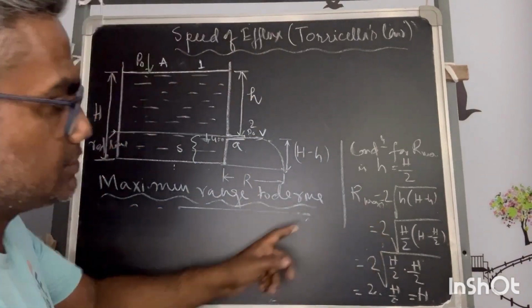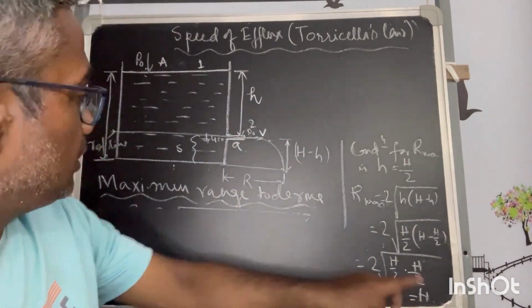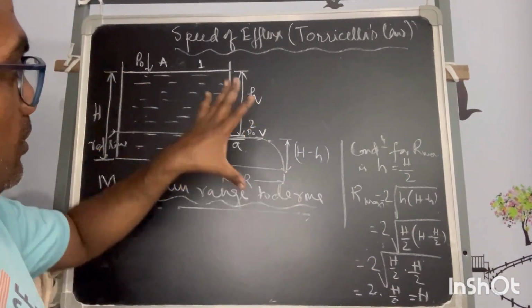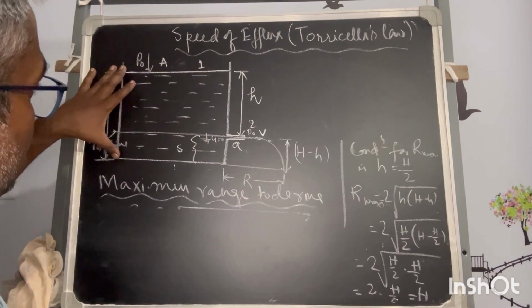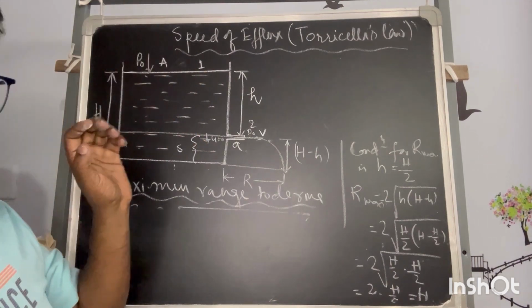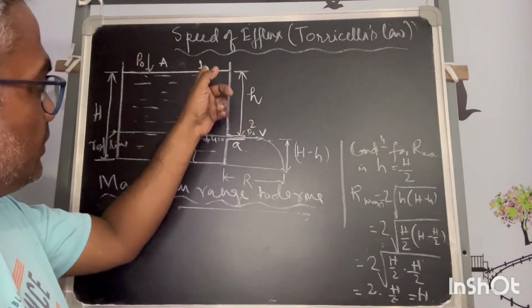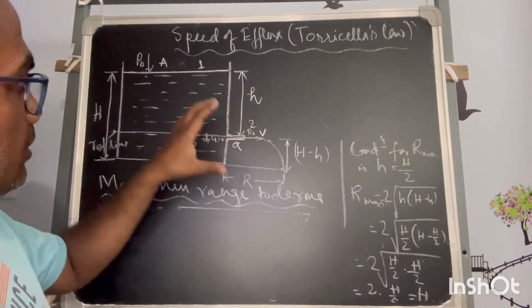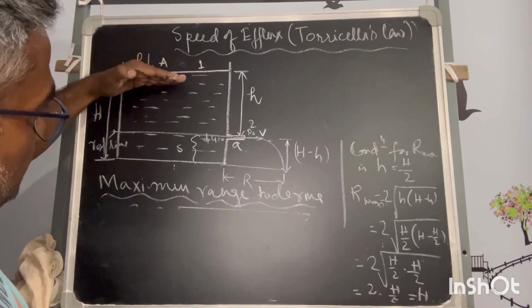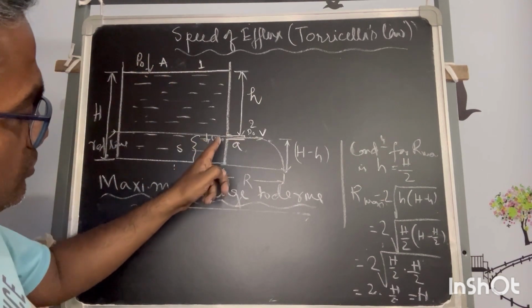So the maximum range will be equal to the height of the reservoir, not the height of the reservoir, the height of the liquid column initially. So the height of the liquid column will decide the range. So when the height of the liquid column reduces, the range also will come down.